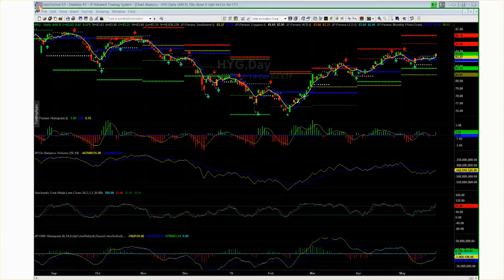If you think the market's going down, the last thing you're going to do is buy a preferred bank stock, right? I mean, it's just not the thing to do.